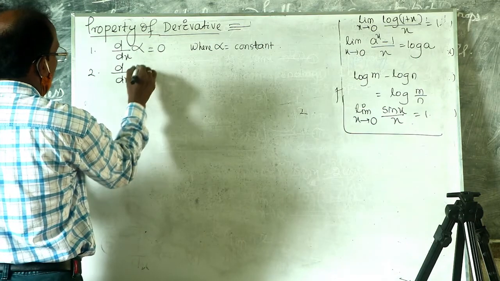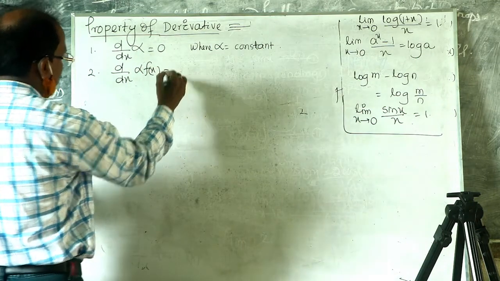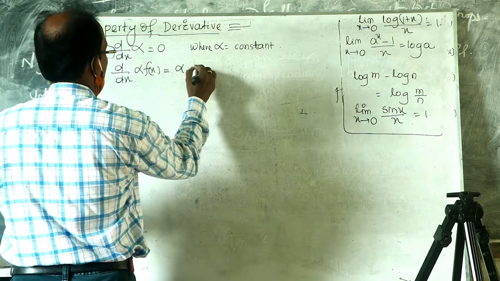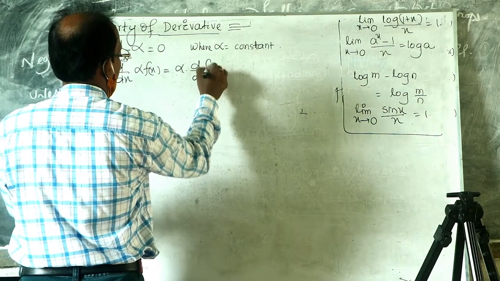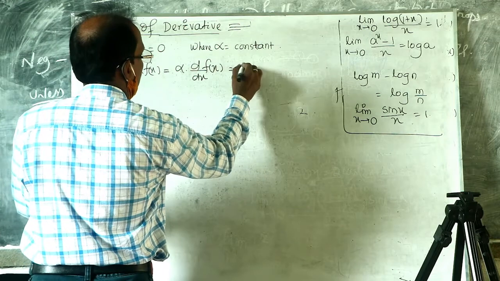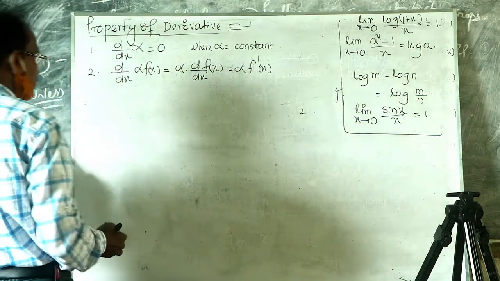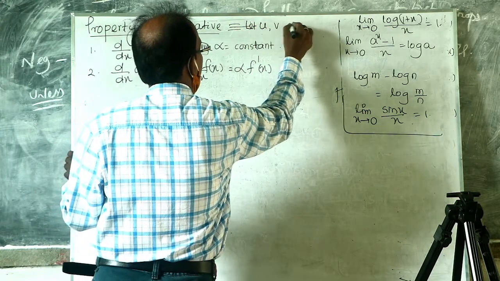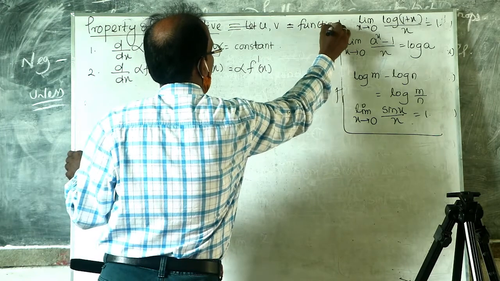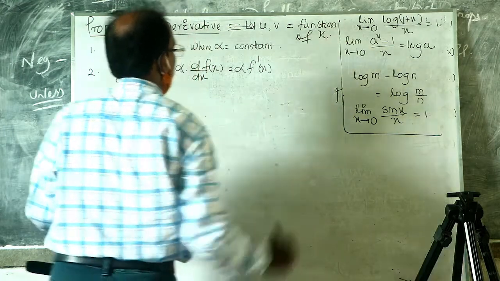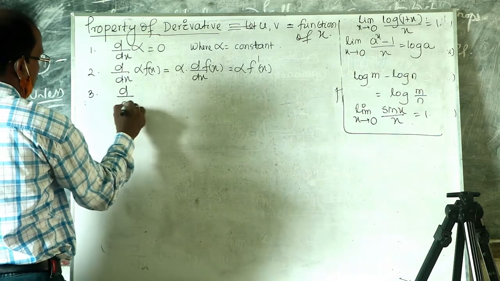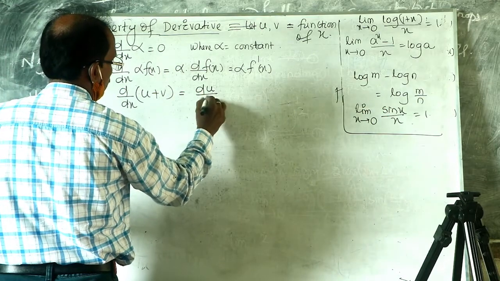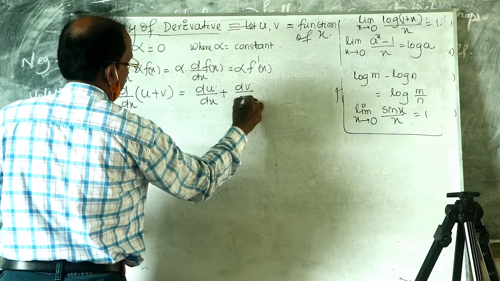Again, derivative of alpha f(x) is equal to how much? Where alpha is a constant and f(x) is a function, it is alpha into derivative of f(x), that is alpha into f dash x. Suppose u and v are functions of x. Then derivative of u plus v is derivative of u plus derivative of v.